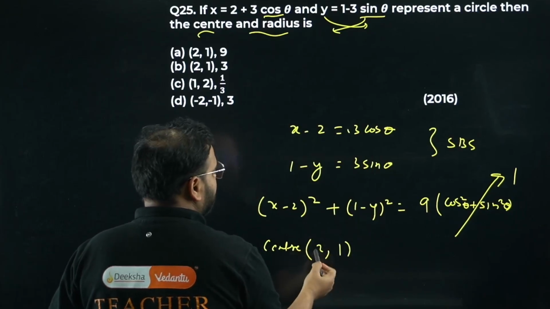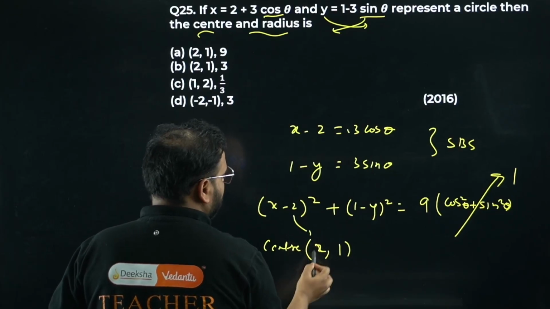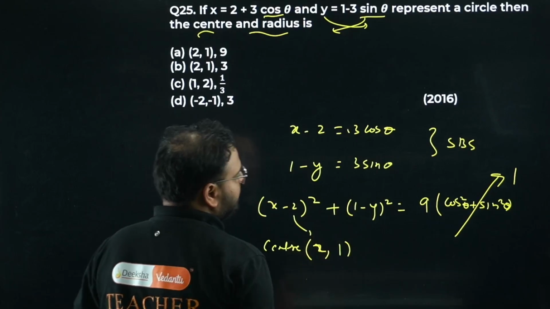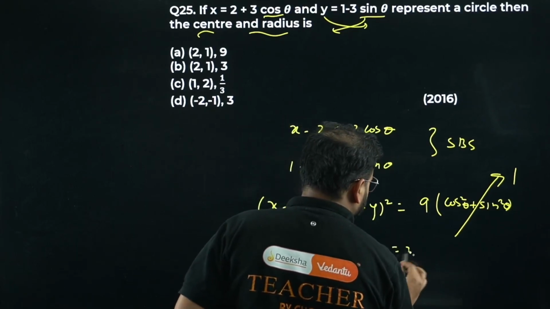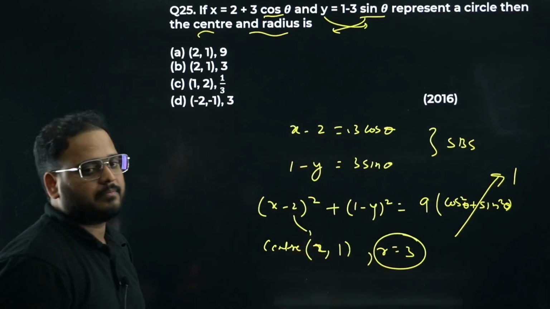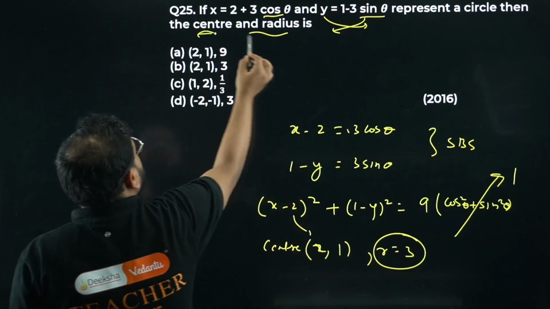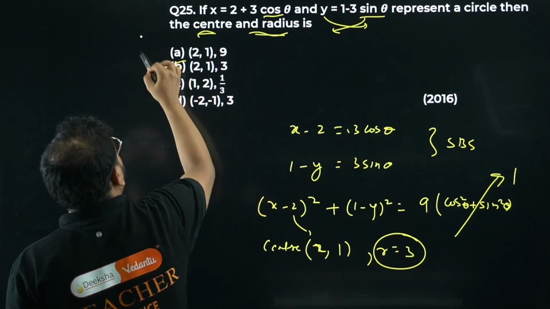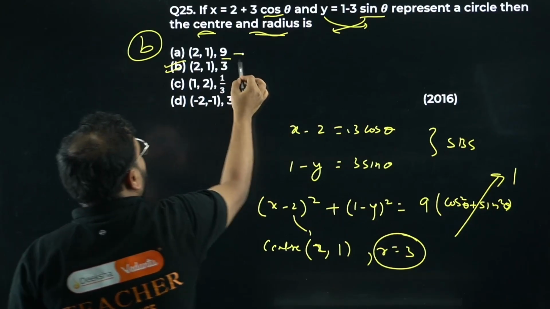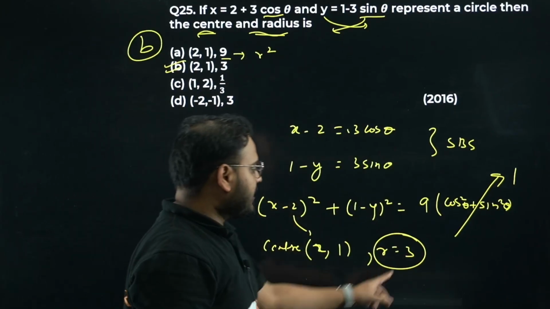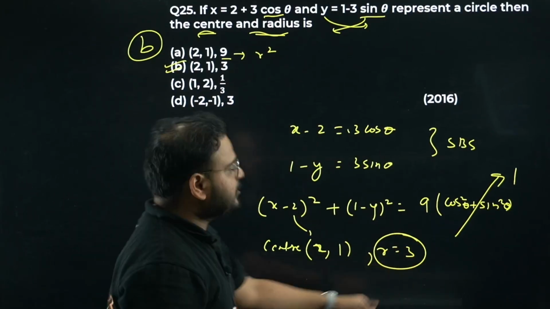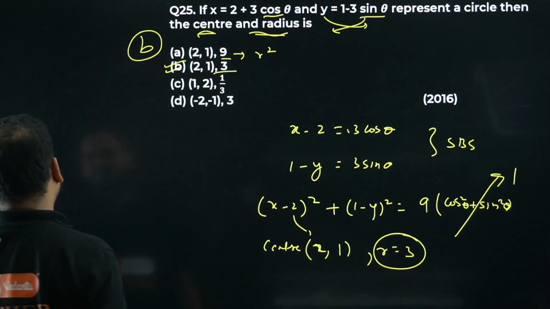The x coordinate of the center is 2 and the y coordinate is 1. The radius is 3. So the answer is 2 comma 1 as the center and radius 3. Option B. Not 9; 9 is r square, sir. So what is the radius? 3. 25 is done. 26 now.